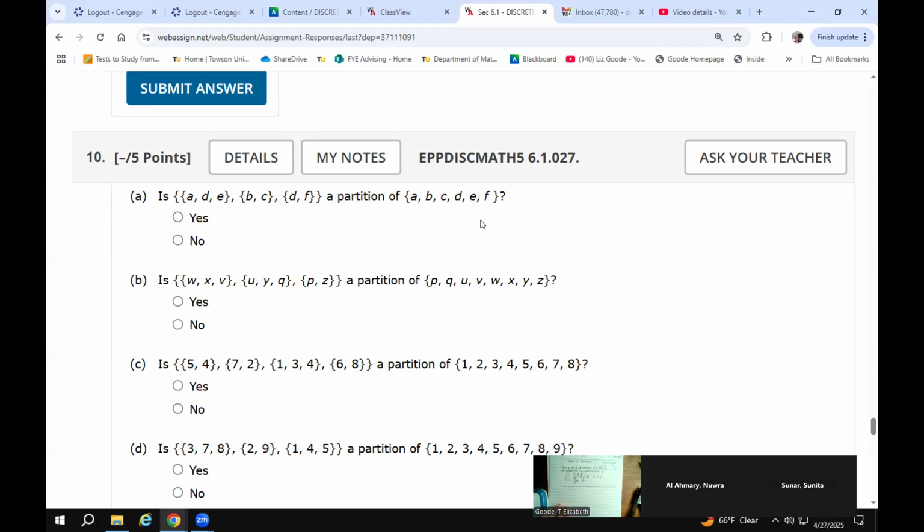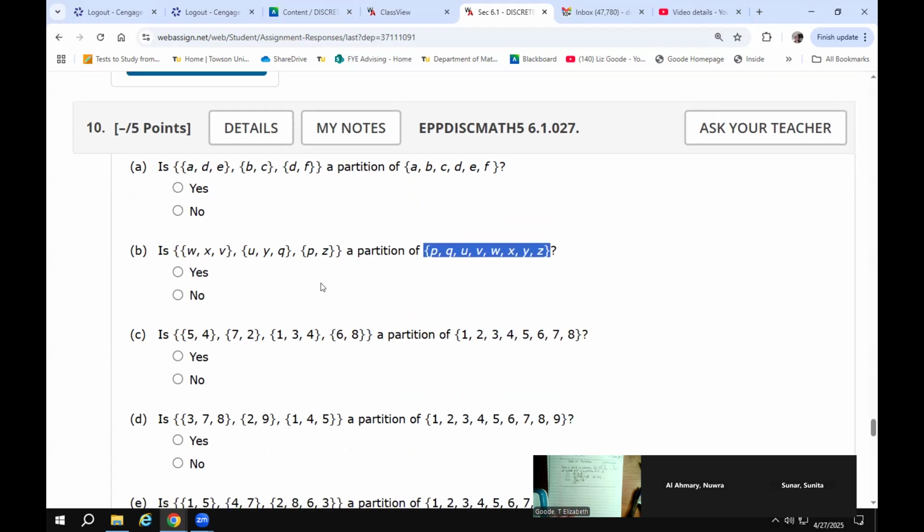Looks like everything is good with the second one. None of these three sets share anything in common, and every element in big A, this set, does appear in exactly one of these. The third part is that the union of these three sets has to be the big set, and it is. Nothing's missing. That's one of the things that could go bad.